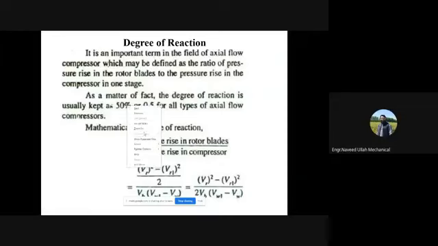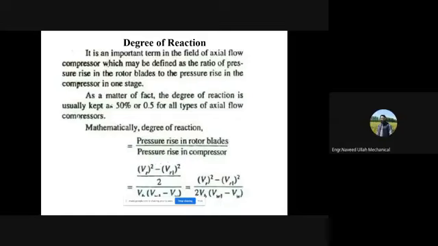We have half mv square, the kinetic energy. So this is the kinetic energy at entry, which is half. M is taken as unity over here, so half VR1 square, right? And this will be half VR square, and this will be VR1 square. So this is the change in kinetic energy of the working fluid at entry and exit.